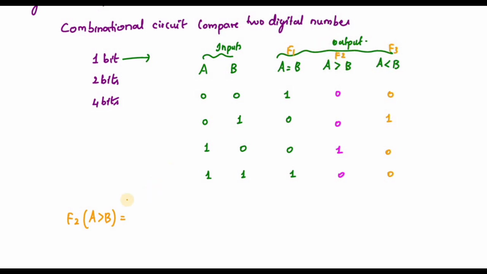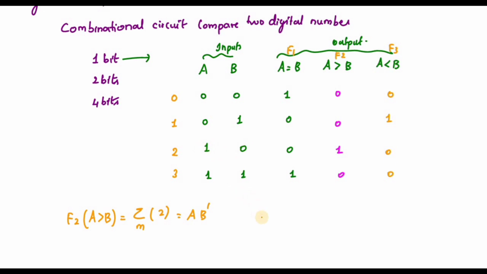F2, which is A greater than B, is equal to summation m of the value for which it is 1, that is 2. So how to represent summation m 2? I can write it as A B bar, because A value is 1 and B value is B bar.